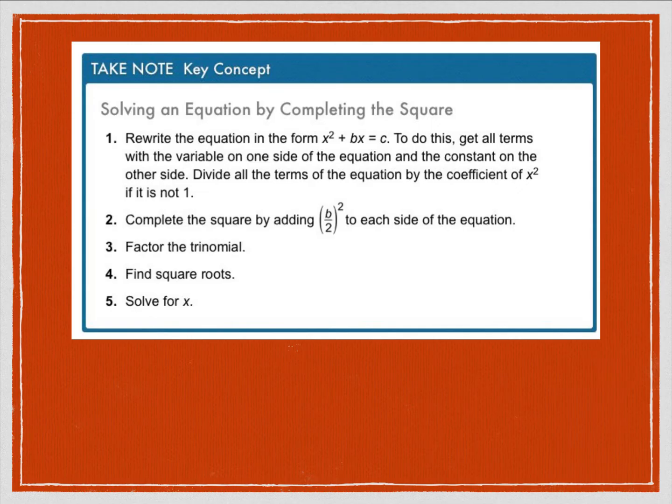All right, so we're going to apply the first 2 examples that we did, solving and completing the square, together into one. So we're going to be solving an equation by completing the square. The first thing we do is rewrite our equation in this form, with all the x's on one side, equal to the number.